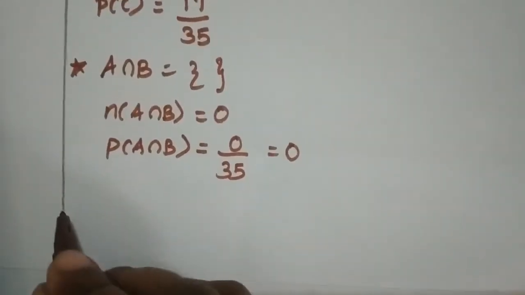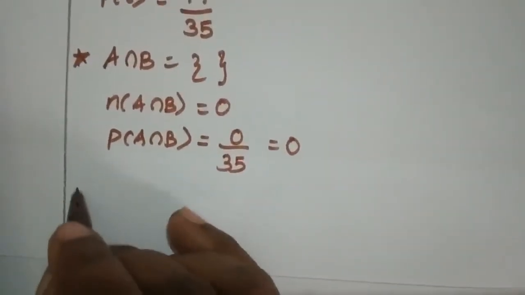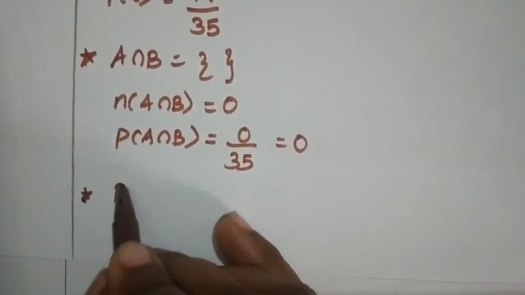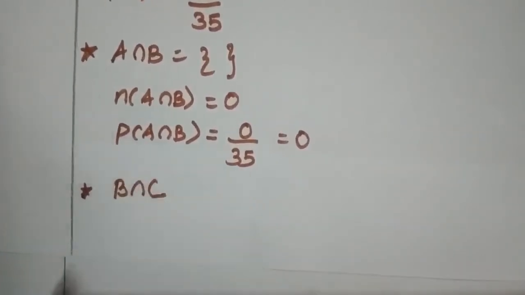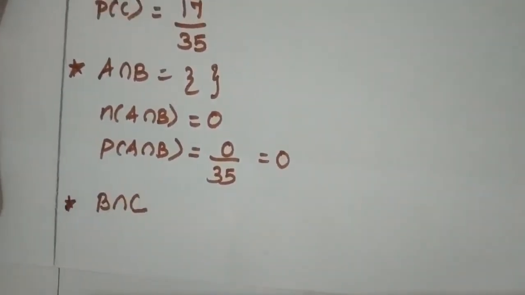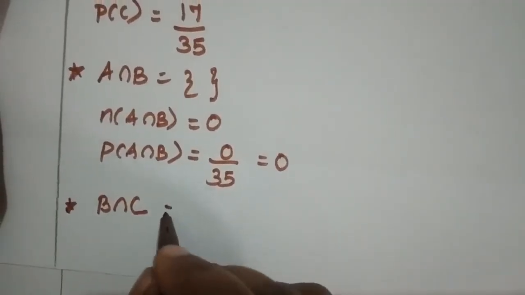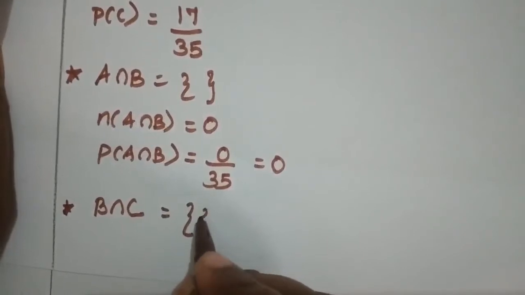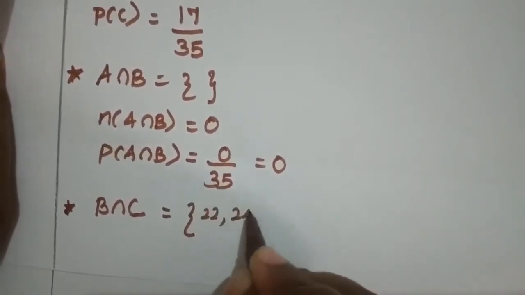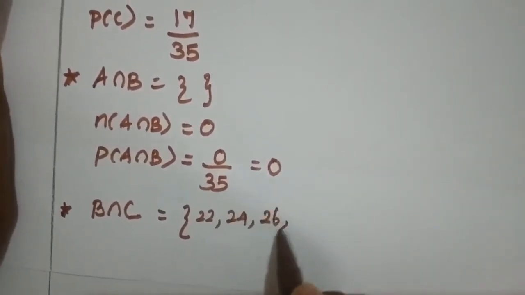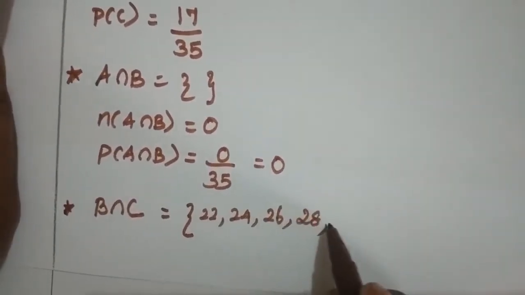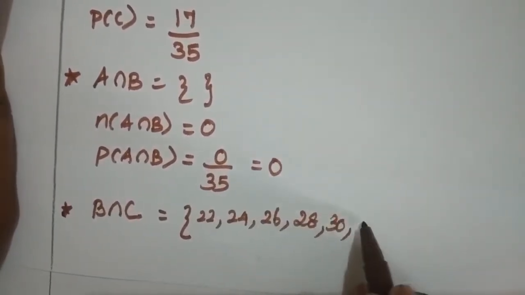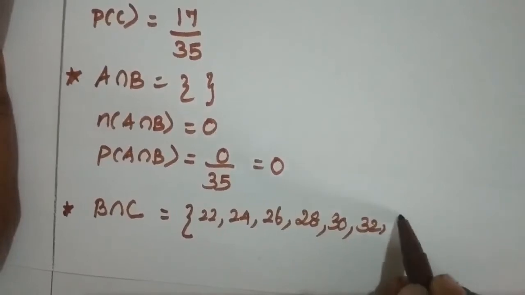The next step, we have to find the sample points that are common between B and C. The sample points common between B and C are 22, 24, 26, 28, 30, 32, 34.